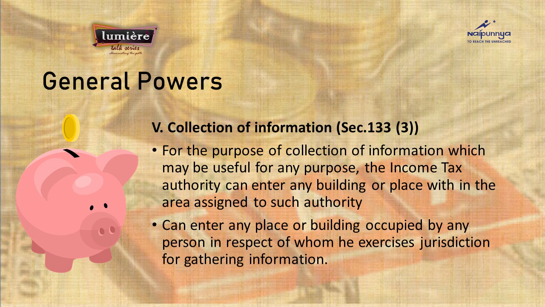Before he enters a place or a building for collecting information, he has to see he has sufficient power or authority for collecting such information. That means he has to see his jurisdiction for gathering such information.